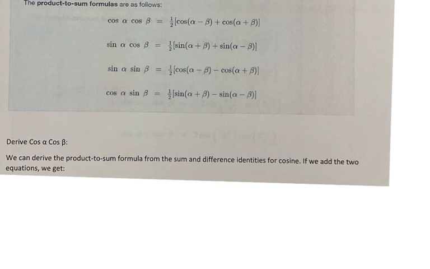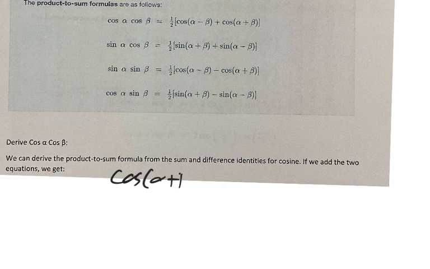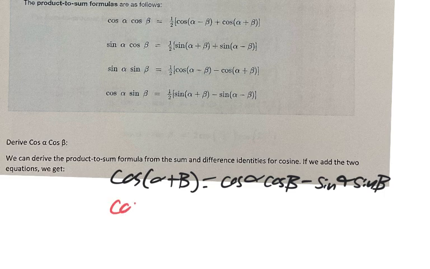Cosine of alpha plus beta equals cosine alpha, cosine beta, minus sine alpha, sine beta. And the other one was cosine of alpha minus beta equals cosine alpha, cosine beta, plus sine alpha, sine beta.